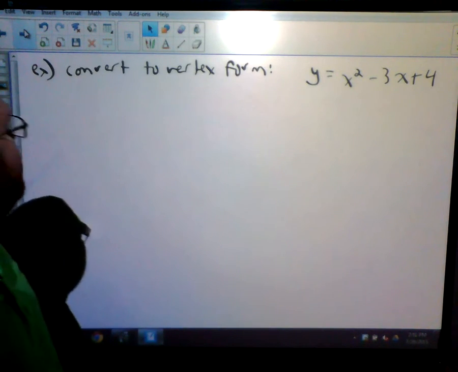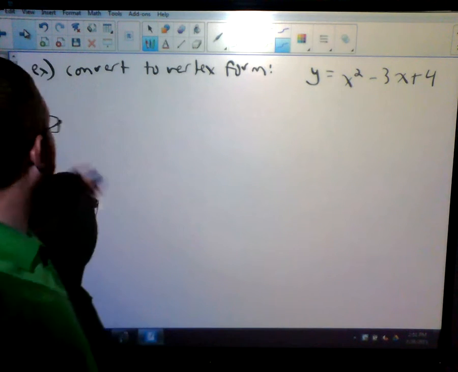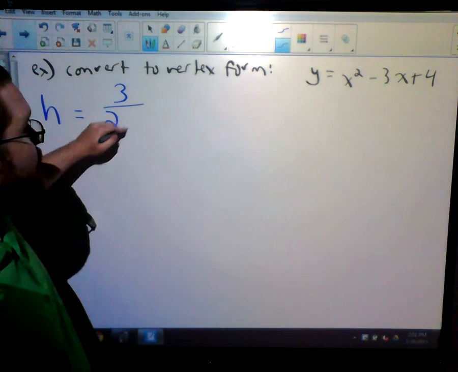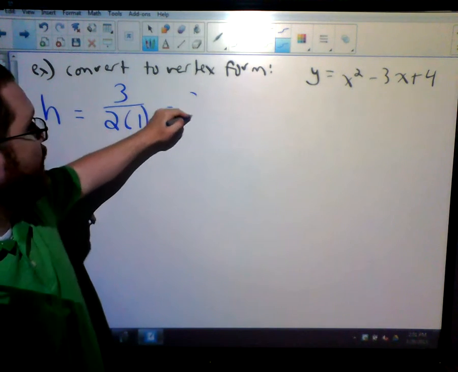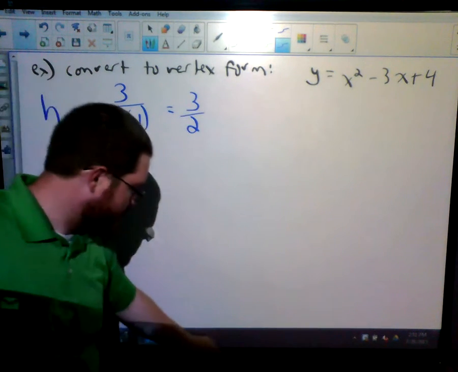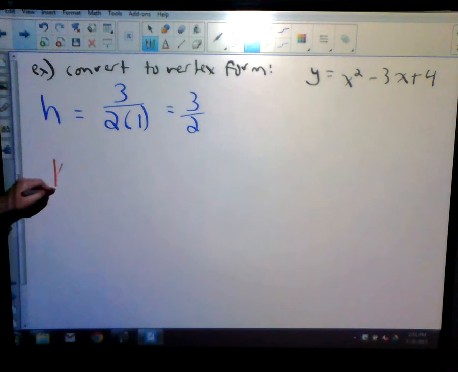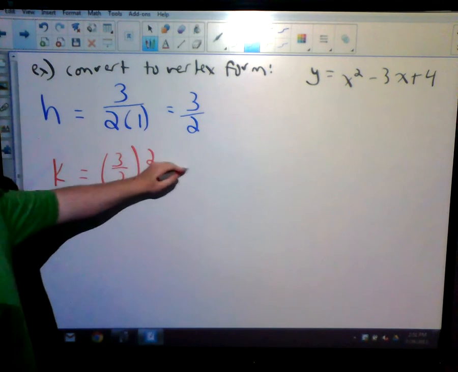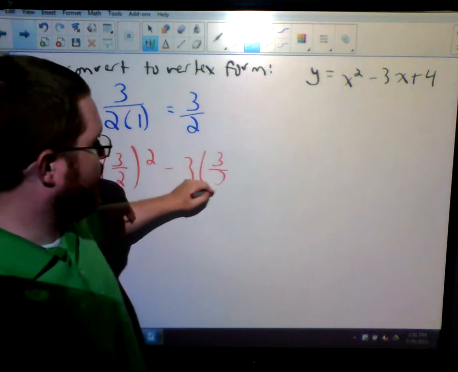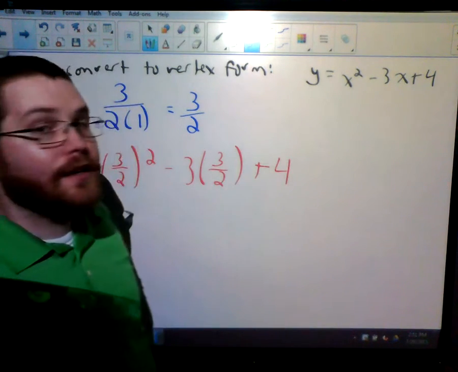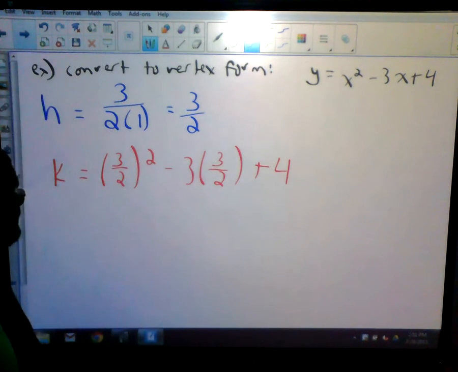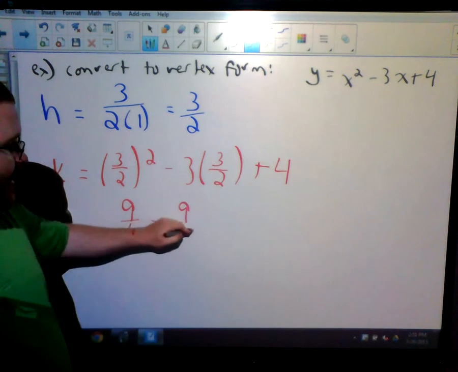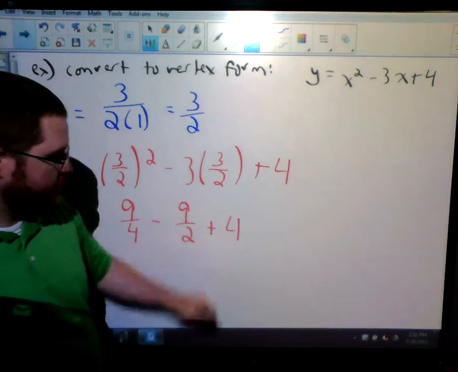Let's convert this to vertex form. h equals opposite of b over 2 times a. That's 3 halves. Okay, that's 3 halves squared minus 3 times 3 halves plus 4. Learn how to work with fractions. That's 9/4 minus 9 halves plus 4.